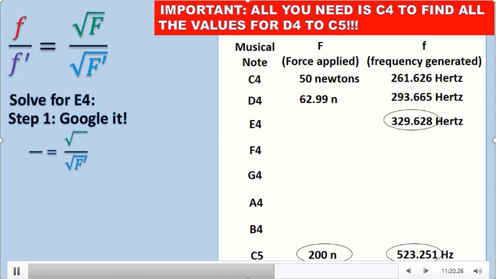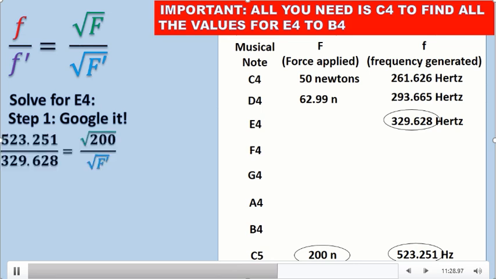Step 1, you Google it. Step 2, substitute the values, and step 3, solve for frequency F. And eventually, you will end up with these data. I mean, you can try it with a calculator if you want.